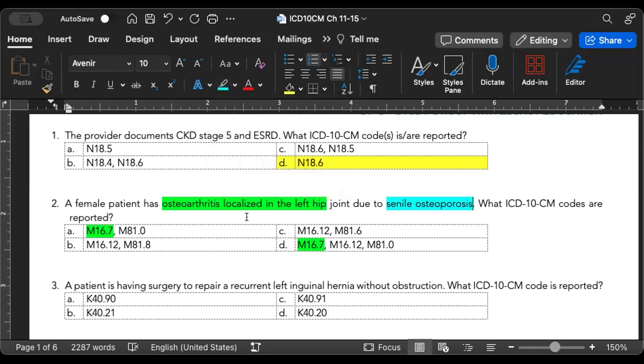So in our alphabetic index, we will go to osteoporosis. The first code was osteoarthritis; here we are coding osteoporosis. And then we will look at senile, and that tells us to look at another term underneath osteoporosis: osteoporosis, age-related.